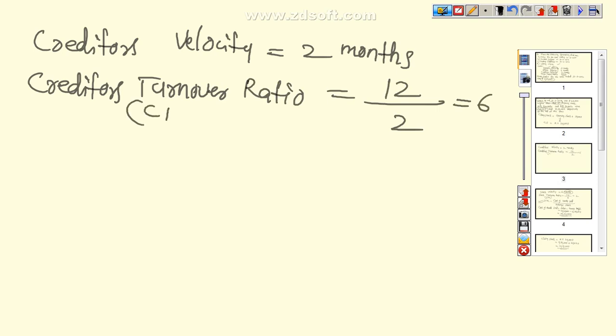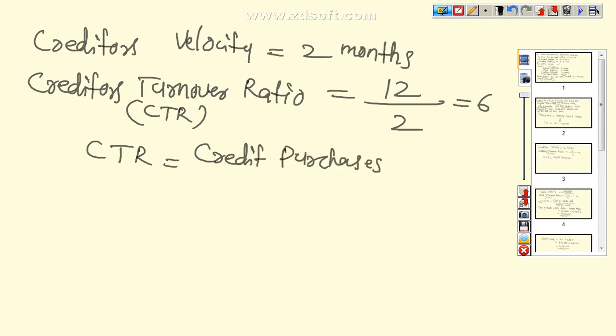So CTR, what is the formula for CTR? CTR is equal to credit purchases upon creditors. If credit purchases are given, we give them first priority. If not given, then in that case we can consider purchases.